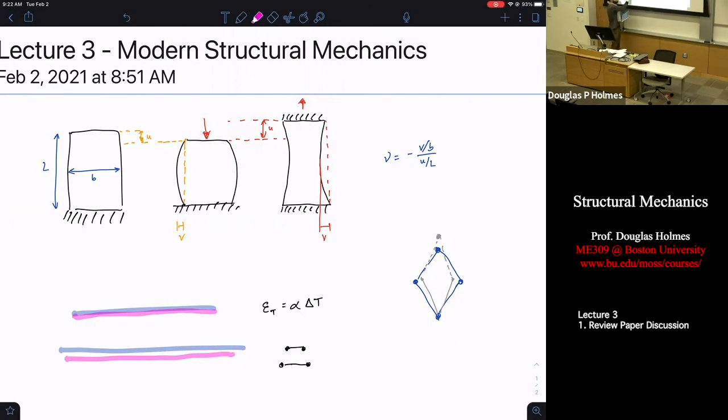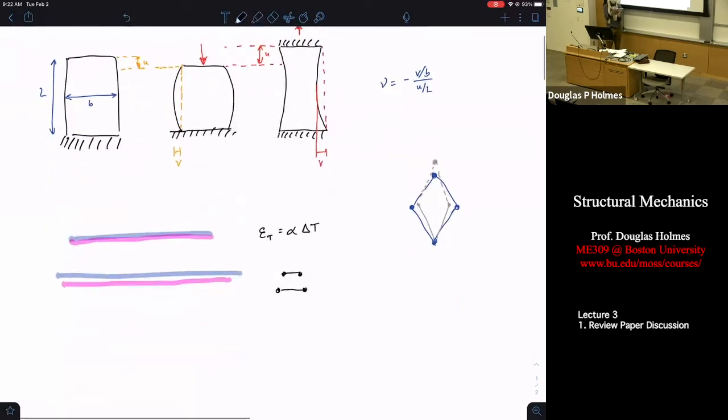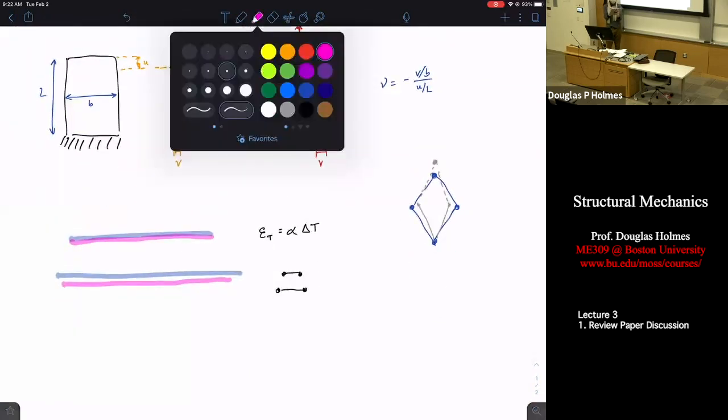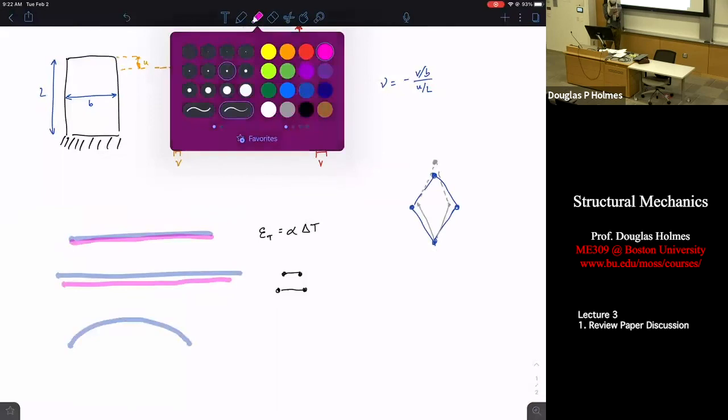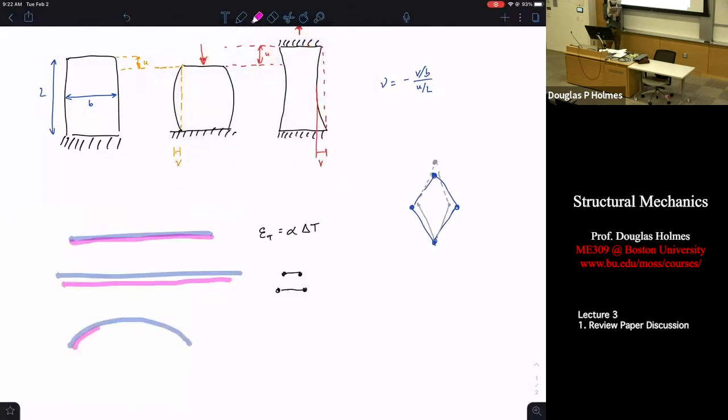But remember, if these things are stuck together, there has to be some way for the blue one to get bigger while the pink one gets a little bit less bigger. And so what happens is the thing will bend. And so it won't stay flat. I'm not really drawing this to scale, but you get the idea. And this thing will bend.